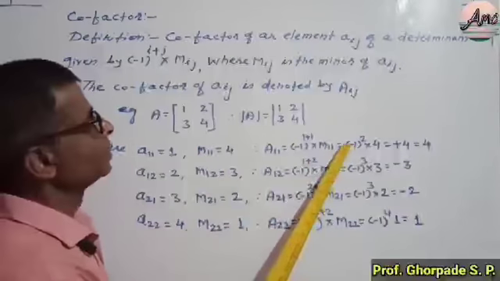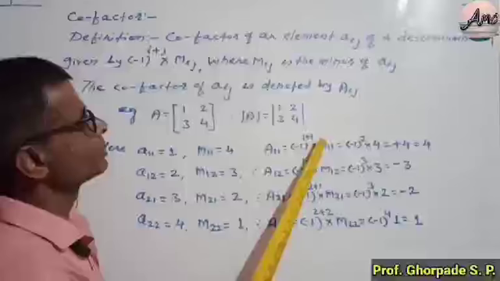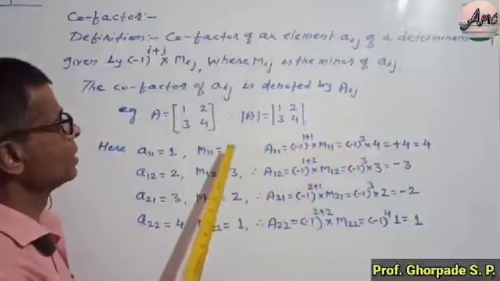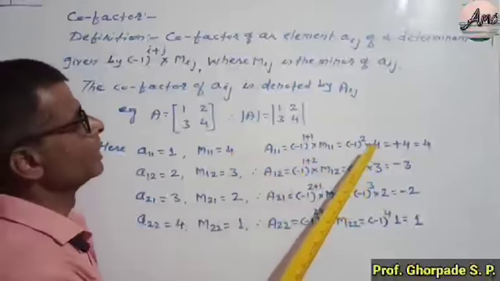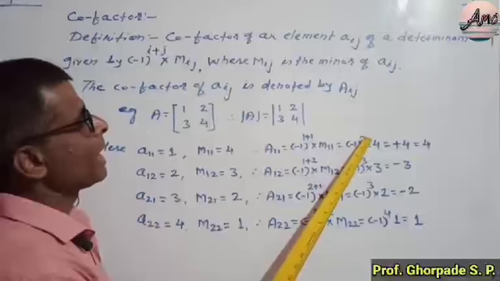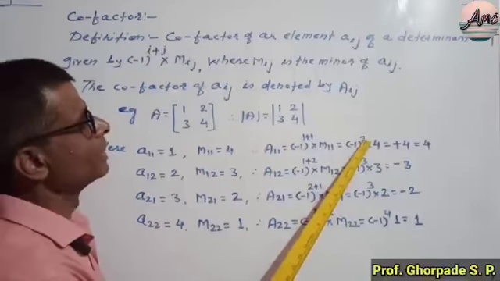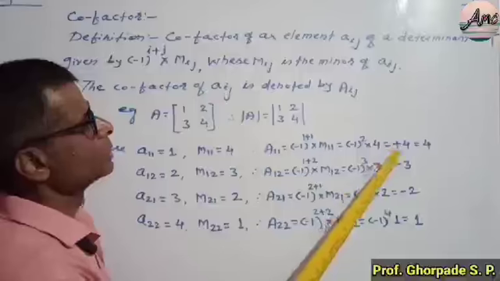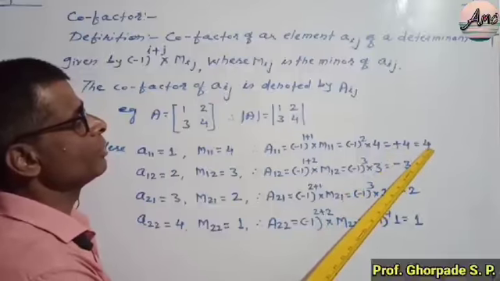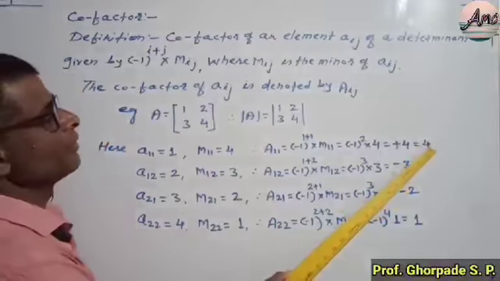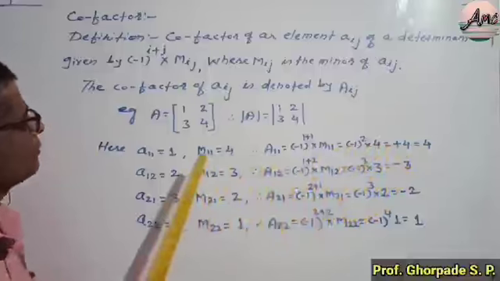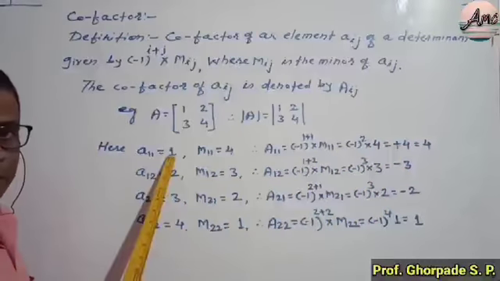That is equal to minus 1 to the power of 1 plus 1 is 2 into M11. What is M11? 4. If the power of a negative term is even, you will get the positive answer. So plus 4, or simply you may write 4. This 4 is the cofactor of the element 1.